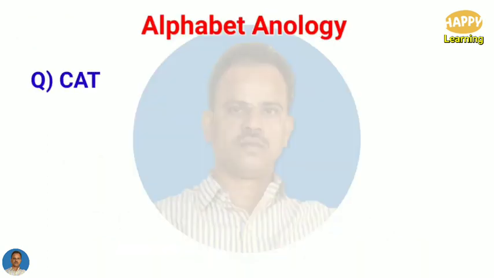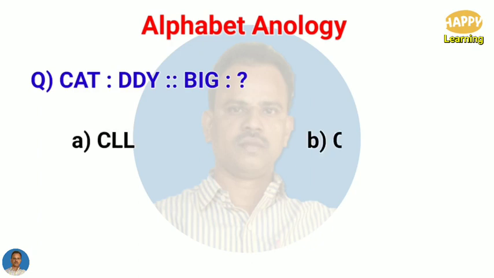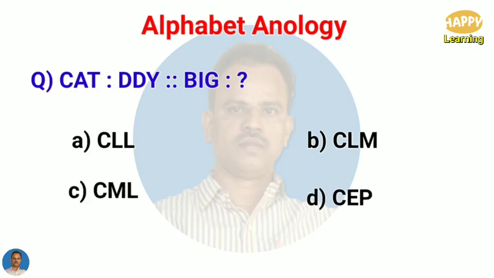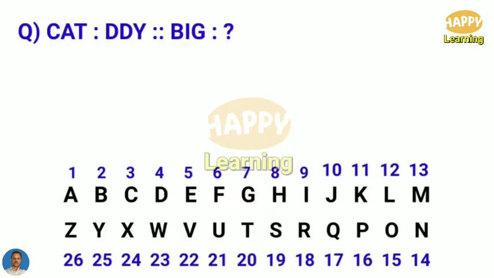CAT is proportionate to DDY is same as BIG is proportionate to dash. And the options are CLL, CLM, CML, CEP. CAT is related to DDY.